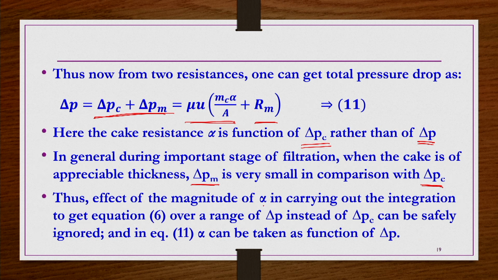Thus, the effect of the magnitude of alpha in carrying out the integration of equation number 6, over a range of delta P instead of delta Pc, can be safely ignored. And then in equation 11, alpha can be taken as a function of delta P.